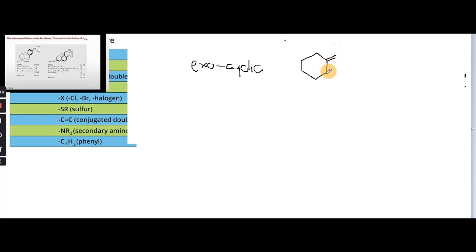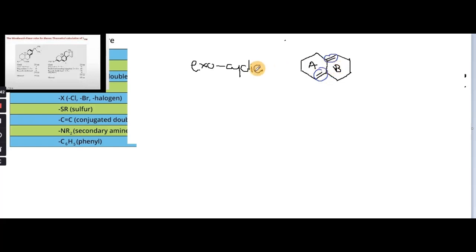Let's say I have two rings fused together like this, with this double bond here and another double bond here. If here is ring A and here is ring B, then this double bond is exocyclic to ring A, and this double bond is exocyclic to ring B.